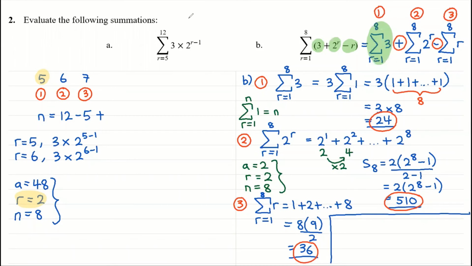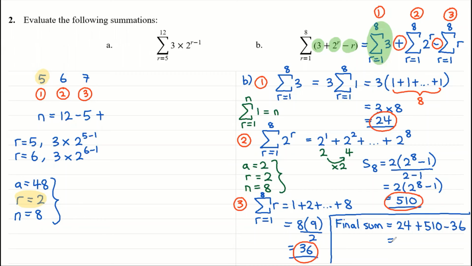So the final sum is going to equal the sum of 3, which is 24, add 510, and then subtract 36.